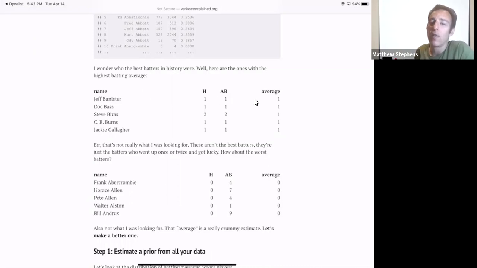And given that most professional baseball players don't have a batting average above 0.3, you would be crazy to guess that he would have a batting average of 1 next season.